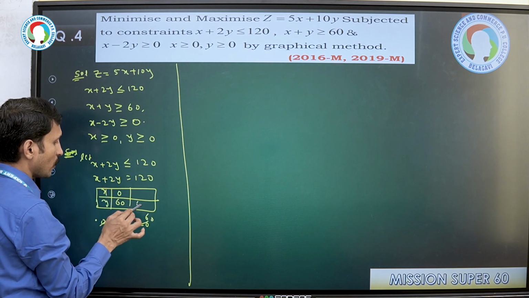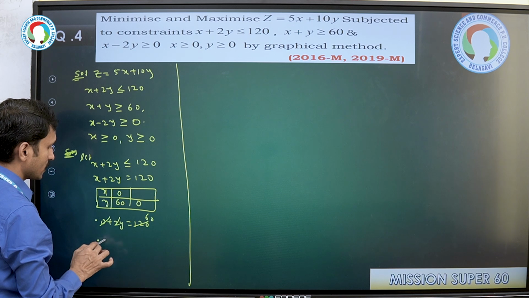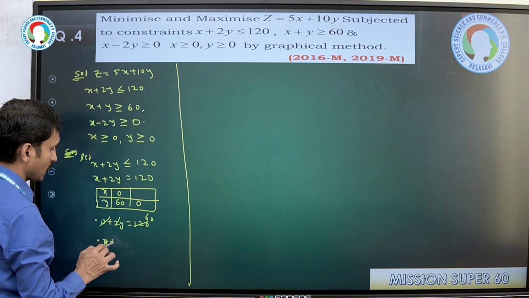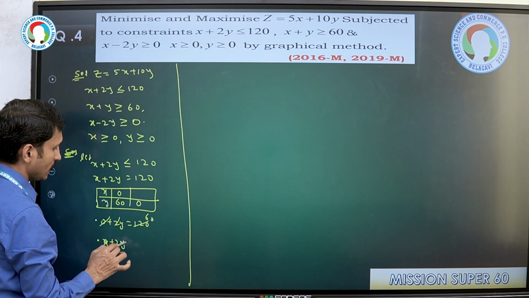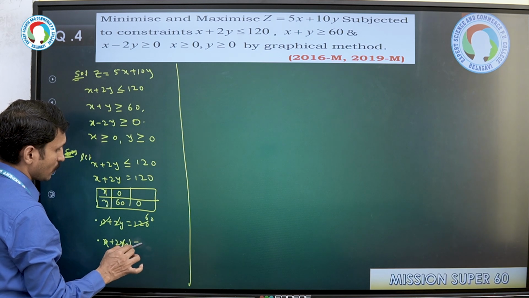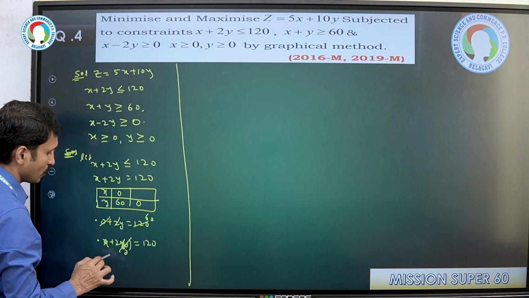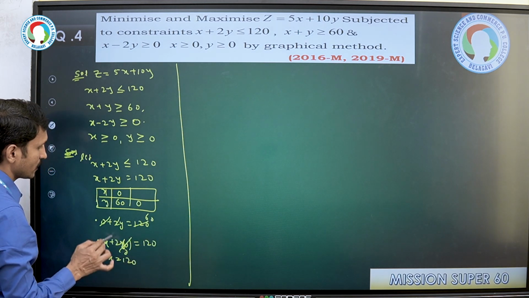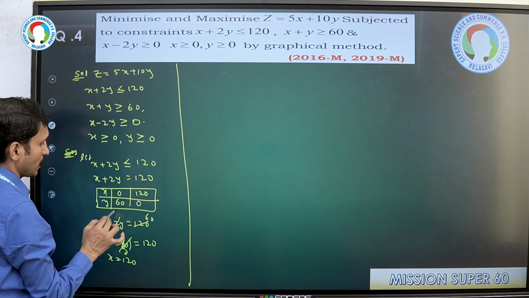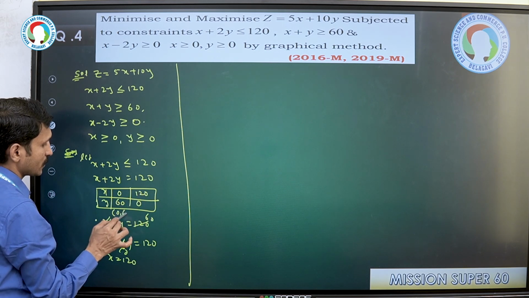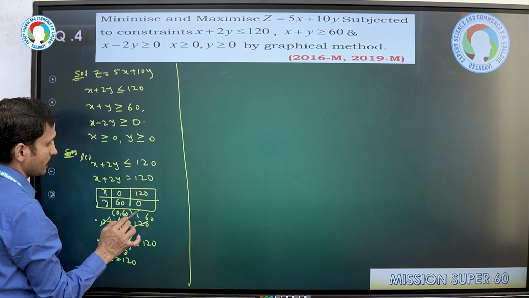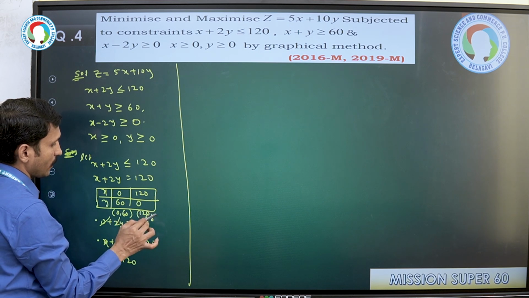If you take y value 0, then x plus 2 times 0 equals 120, so x is equal to 120. You get the points 0, 60 and 120, 0.